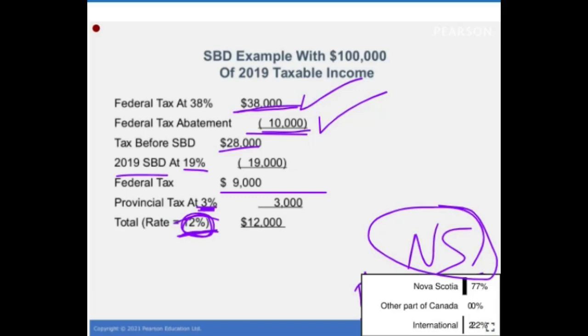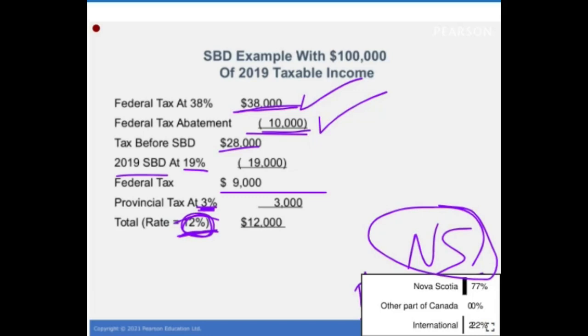So really, it's a pretty half-decent corporate tax rate. We will talk in Chapter 13 about the whole integration of paying your corporate chunk of the tax and then your personal part of the tax if you, as the investor and owner of the business, take the money out. But as far as a direct corporate tax rate, 12%, including provincial, looks a heck of a lot better than, say, a federal rate of 38% plus 16%.